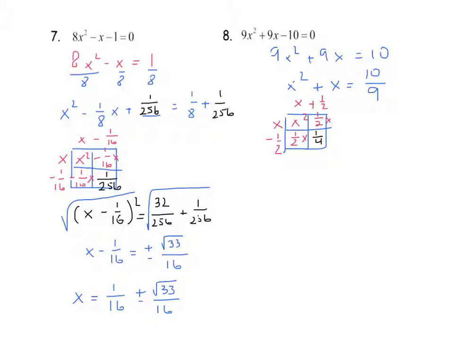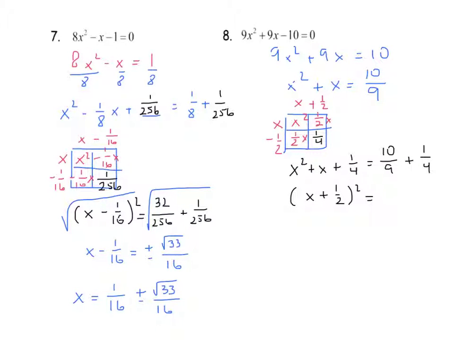So I'm going to say x squared plus x plus 1/4 equals 10/9 plus 1/4. As a binomial, x plus 1/2 to the second, and that will equal to.